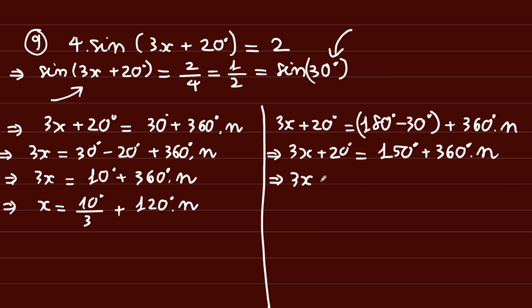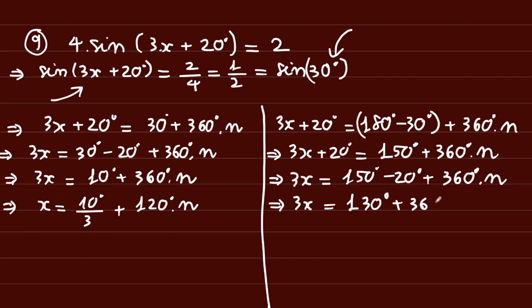Okay, 3x, transposing plus 20 from left to right, this will become minus 20 degree like here. 360 degree multiply n. Okay, 3x equal to 130 degree plus 360 degree multiply n like this one. And divide by 3, of course. Divide by 3 for left, we get x, divide by 3 for right, you got 130 divided by 3, and 360 degree multiply n also be divided by 3.